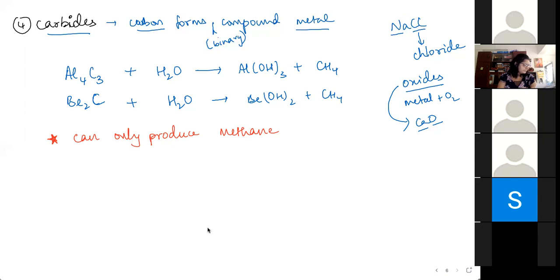Ma'am told us that in the exam the portion has not yet been given, but we will have hydrocarbon, states of matter, thermodynamics, and equilibrium. S block? I think S block.